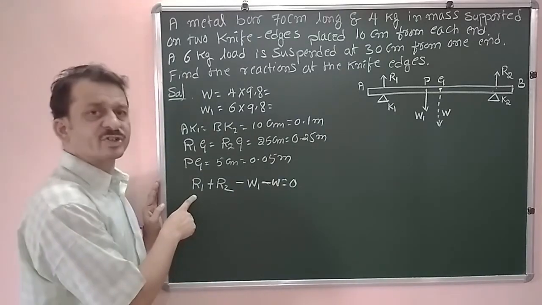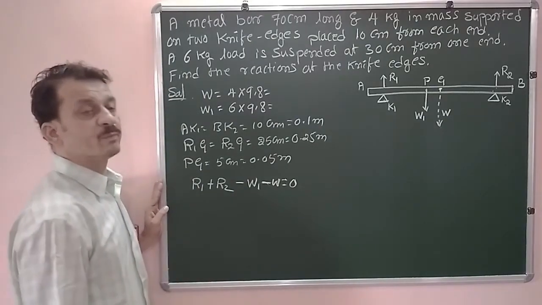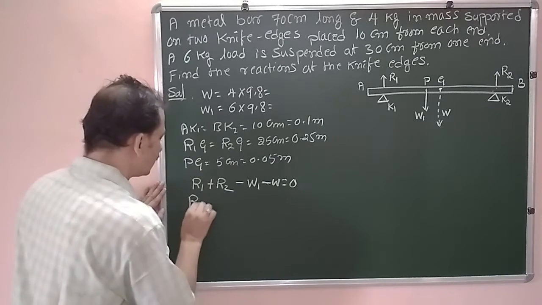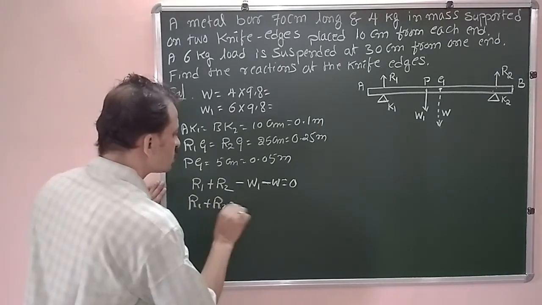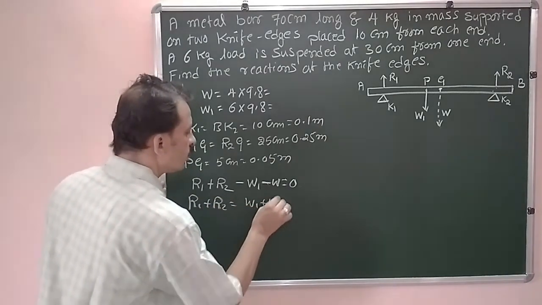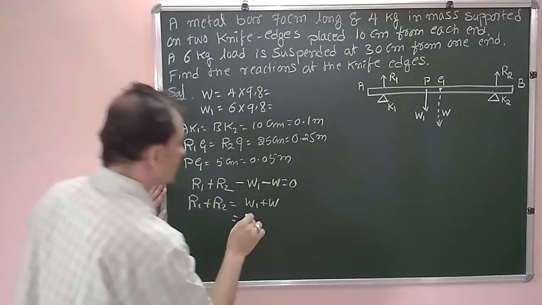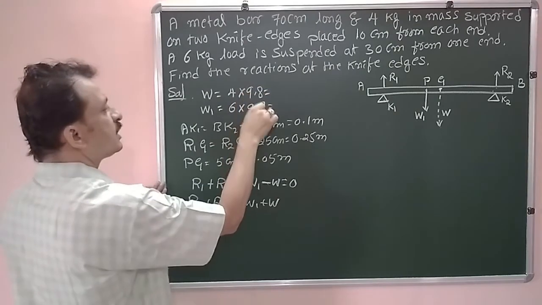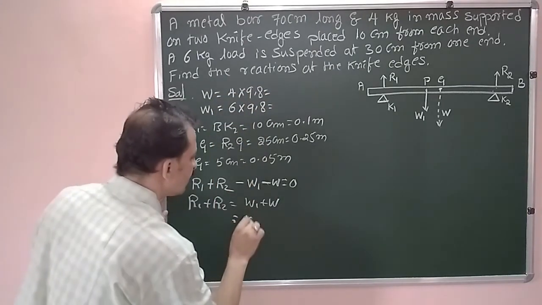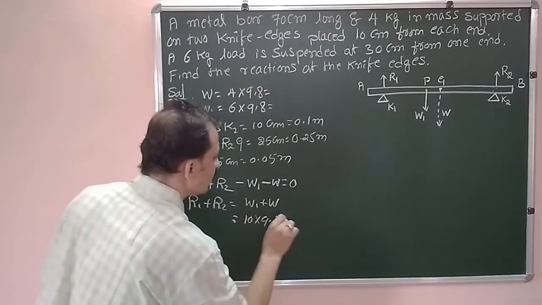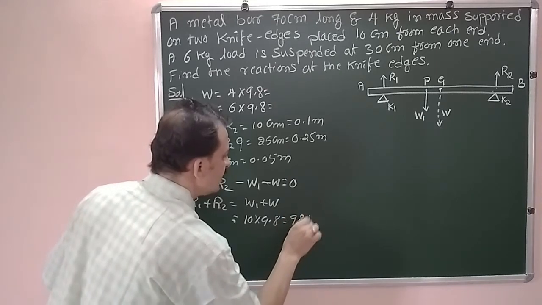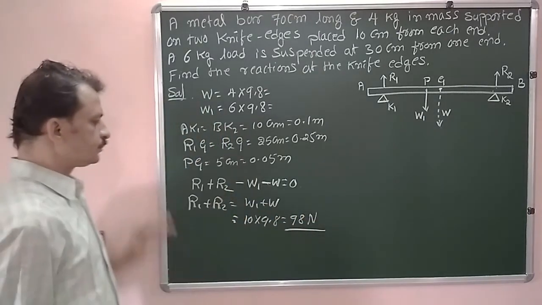Now, how do you get this equation? From the translational equilibrium. Therefore, R1 plus R2 is equal to W1 plus W. Now W1 plus W, we can write as 9.8 common, 6 plus 4, it is 10. 10 into 9.8 is 98 Newton.